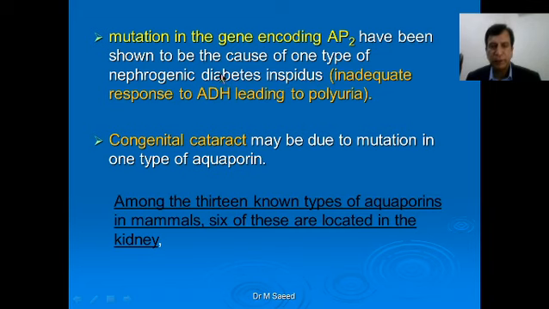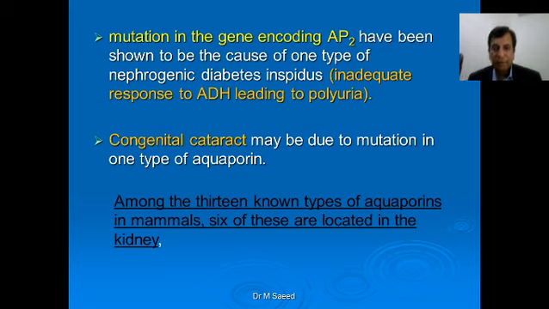You know what diabetes insipidus is? It is due to either no proper release of antidiuretic hormone, which is released from the posterior pituitary, so either the release is less or the response is less.